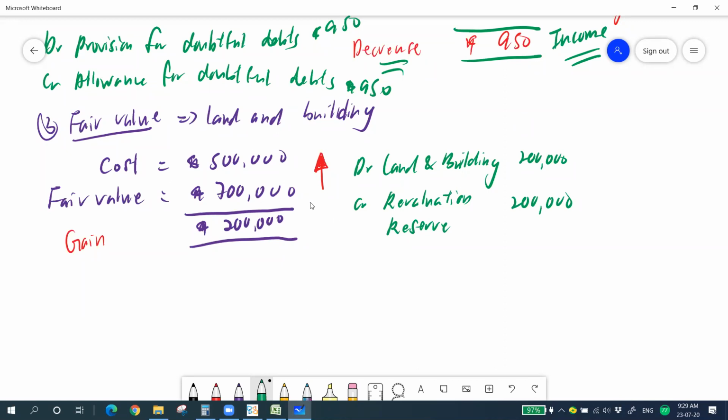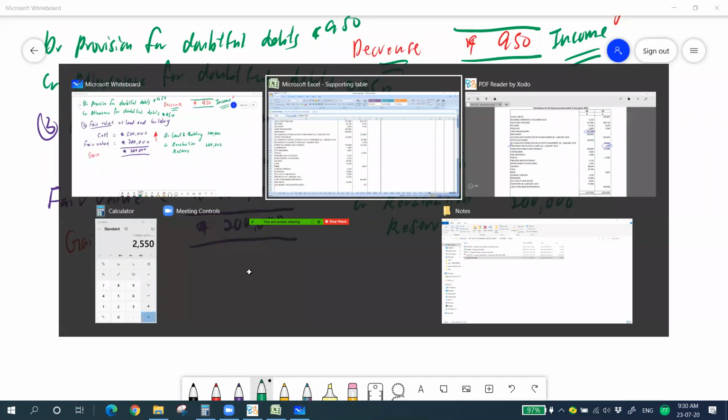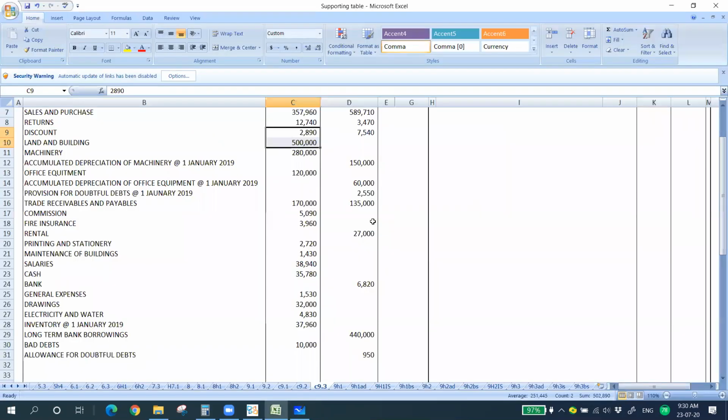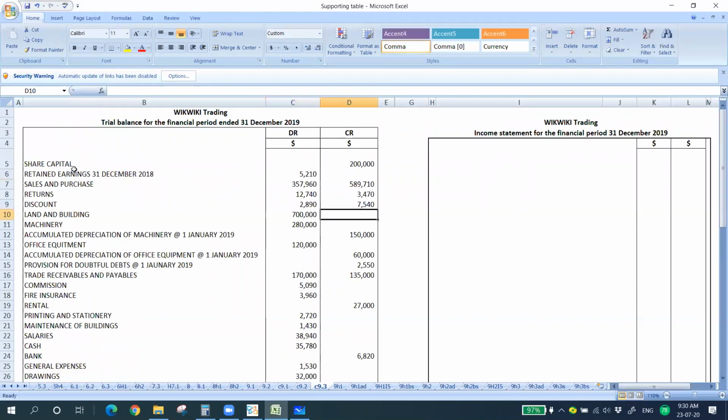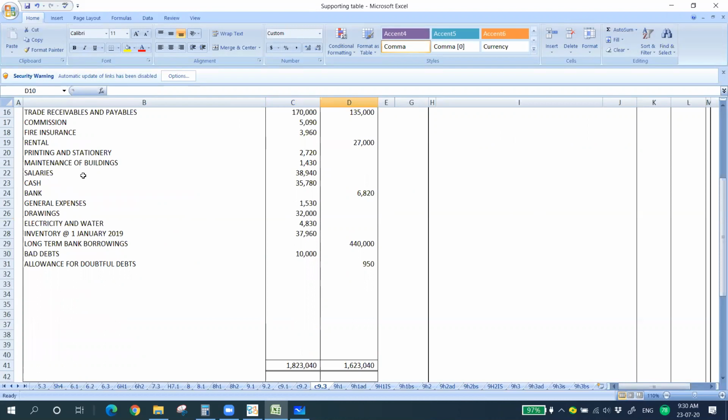So let's look at this. We have a gain on revaluation of 200,000, right? So first we debit our land and building account. Next, do we have a revaluation reserve account? We don't have, right? So we create.